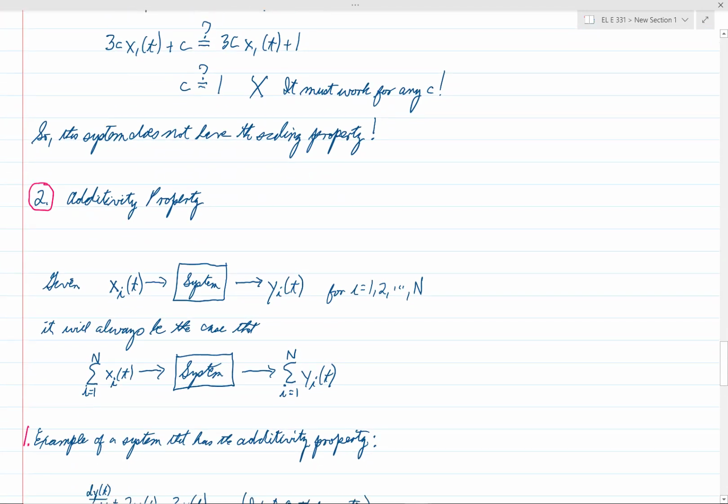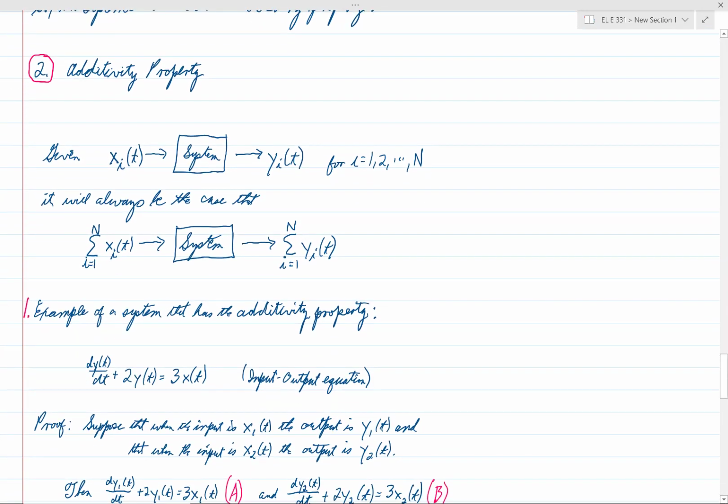Now let's look at the additivity property. The additivity property goes like this. Suppose that the input xi of t produces the output yi of t for i equals 1 to n.